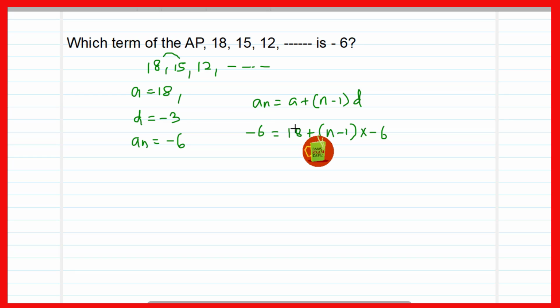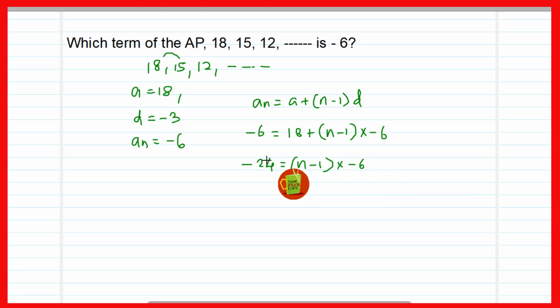Take 18 to this side, so it will be minus 18, correct? So minus 6 minus 18, that will be minus 24, which is equal to (N minus 1) into minus 3.